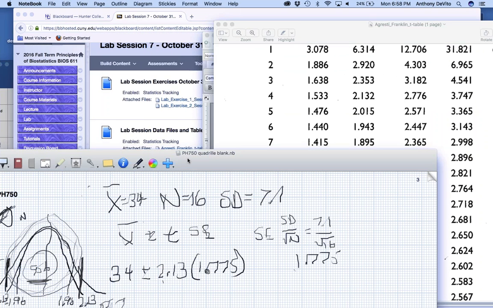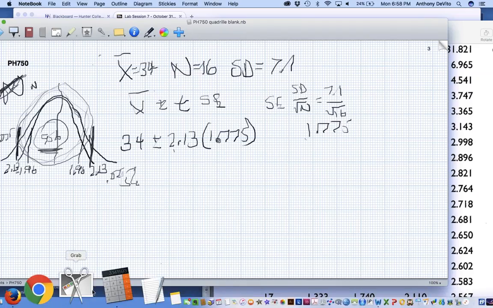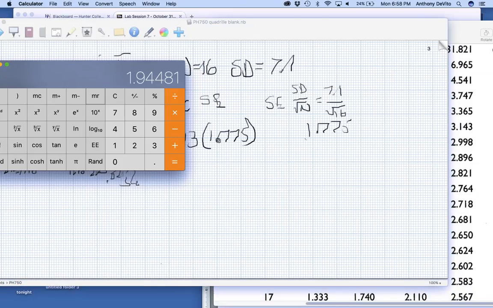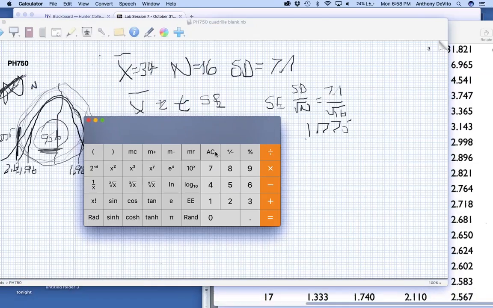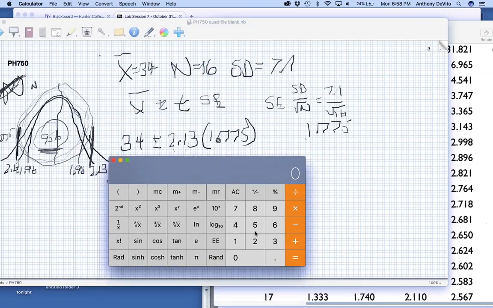Okay, so let's take a look at how this works out. So our 95% confidence interval here is going to be equal to, I'm going to pull up my calculator so we do it. Okay, let's see. First I'm going to work out my margin of error, 2.13 times 1.775 equals this, and I'm going to clear out my memory first.